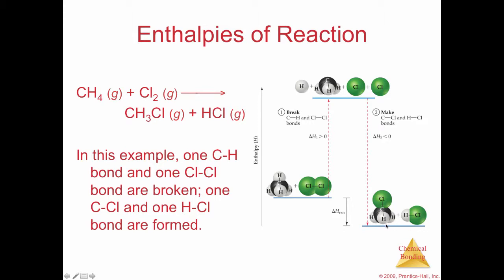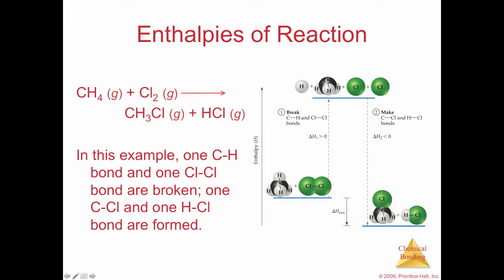We can see that in this structure, this hydrogen was taken away. So it's a carbon to hydrogen bond that's broken. And this bond here between the two chlorines was broken. So again, a carbon to hydrogen bond was broken here, and one chlorine-chlorine bond was broken here.